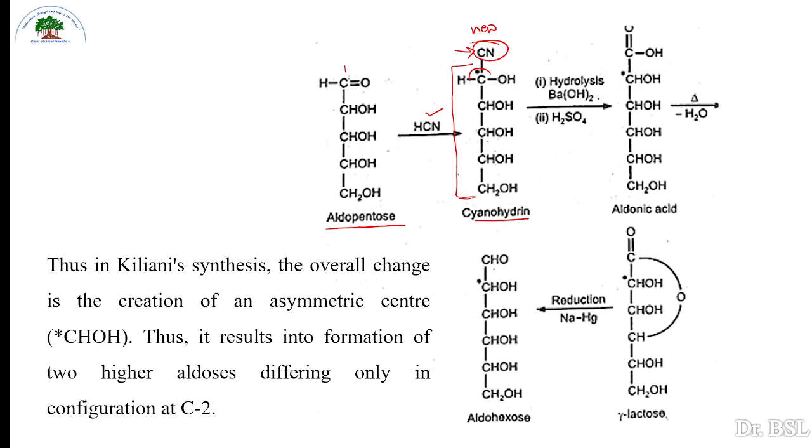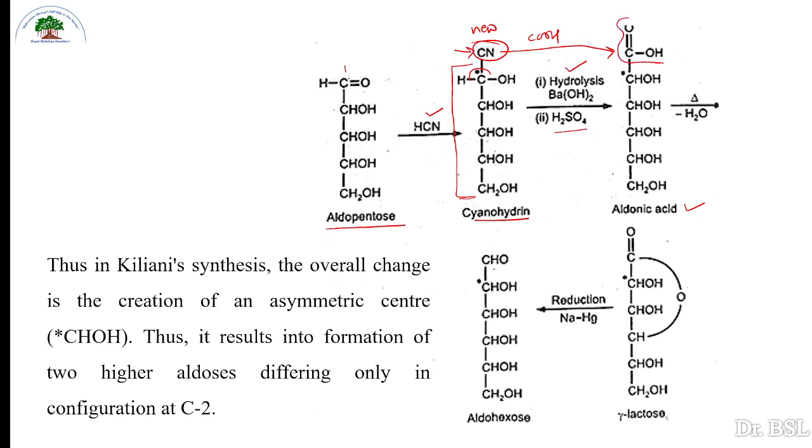This cyanohydrin further reacts with barium hydroxide, Ba(OH)2, hydrolysis takes place, and on reaction with H2SO4 we get aldonic acid. Here, conversion of this CN into aldonic acid takes place, that is, CN to COOH.